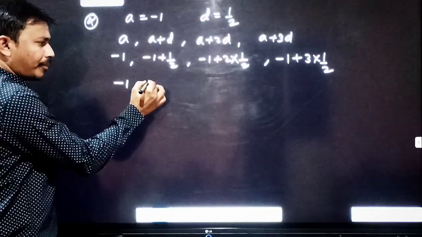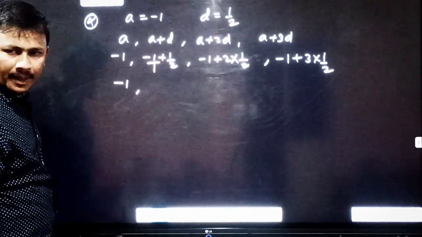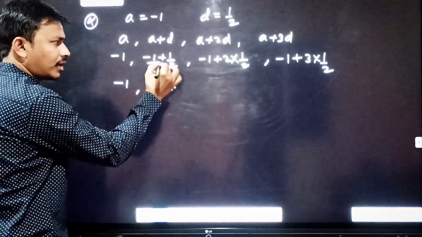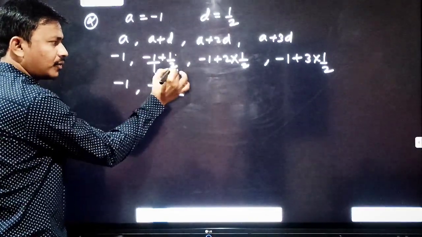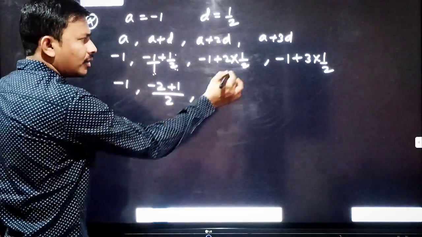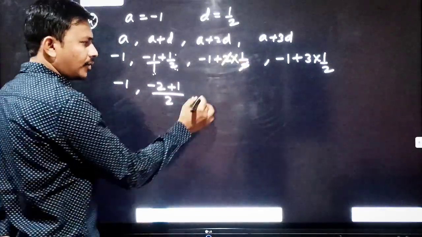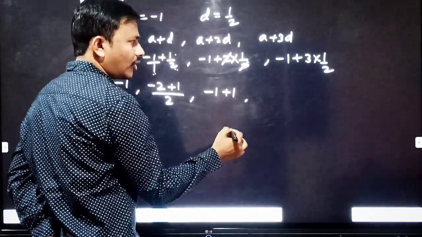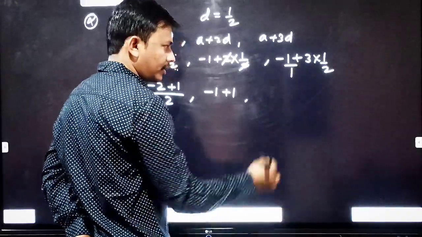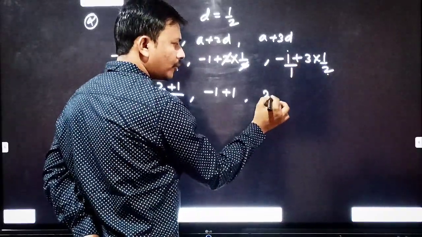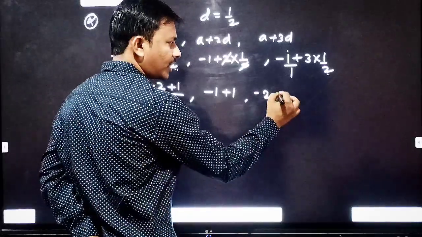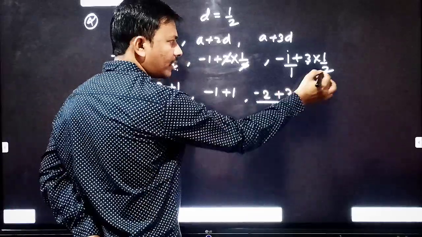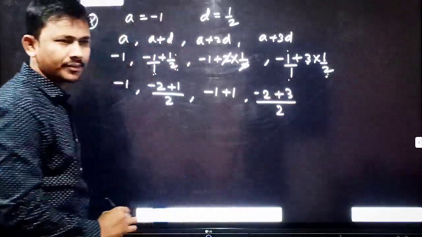-1, comma, -1 plus 1 divided by 2. 2 ones are 2, -2 plus 1 ones are 1, divided by 2 ones are 2, comma, 2 cancel. What will be remaining? -1 plus 1, divided by 1. 2 ones are 2, minus is there, -2 plus 3 ones are 3 divided by 2 ones are 2.